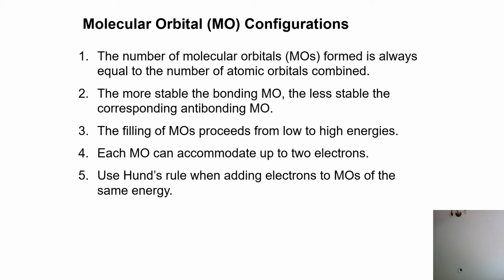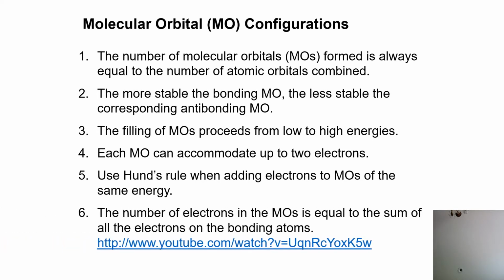So that means we're going to put 1 electron in each molecular orbital of the same energy before we start pairing those electrons. And finally, the number of electrons in the molecular orbitals is equal to the sum of all the electrons in the bonding atoms. Now, when we're working on some of these molecular orbital diagrams, the bonding may not be occurring in the lowest energy level, and so we will only focus on those valence electrons.